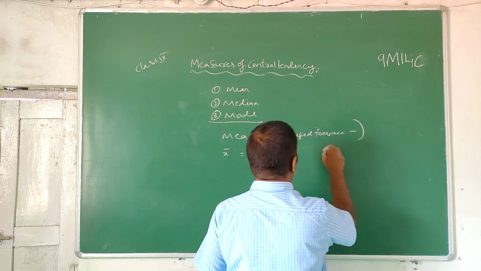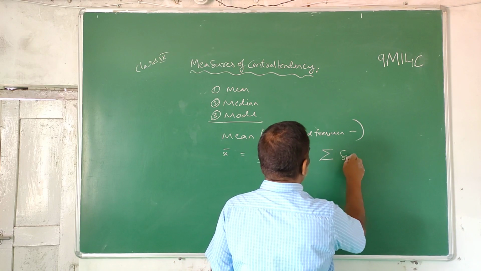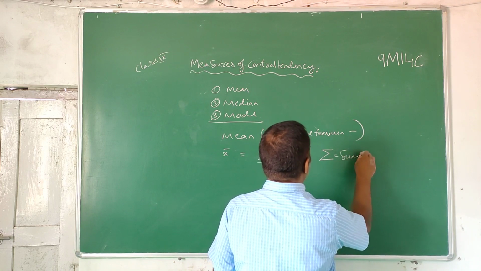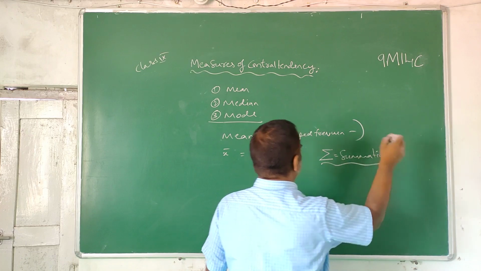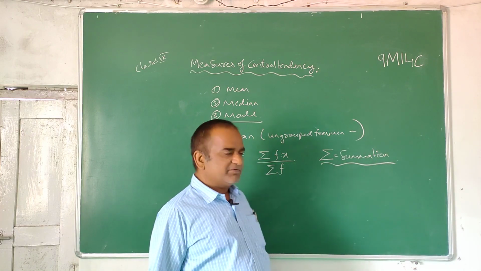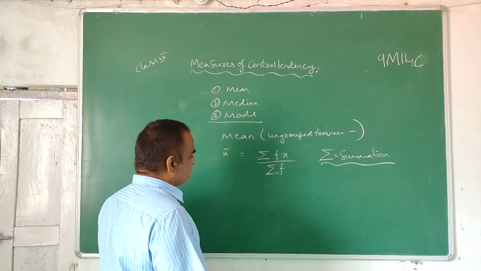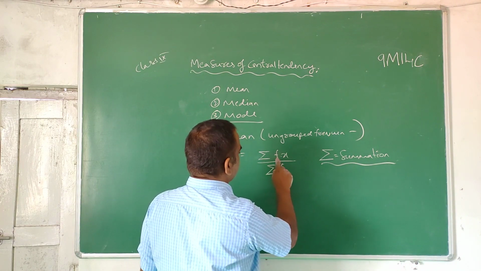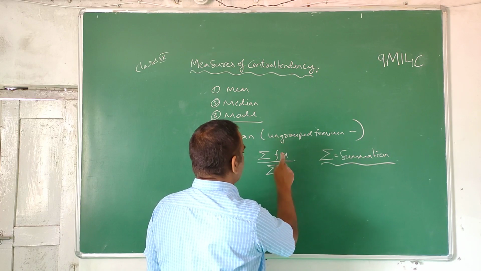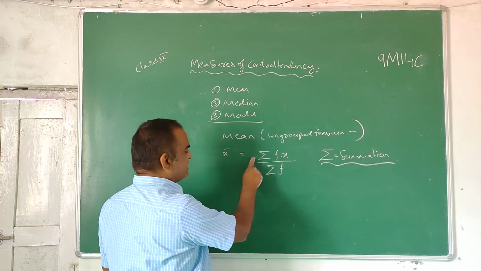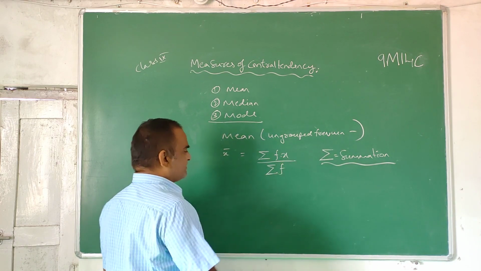This symbol is summation. The symbol for summation means you have to sum up certain quantities. So the frequency and class mark are multiplied, you get products, and all those products are added and divided by the sum of the frequencies.